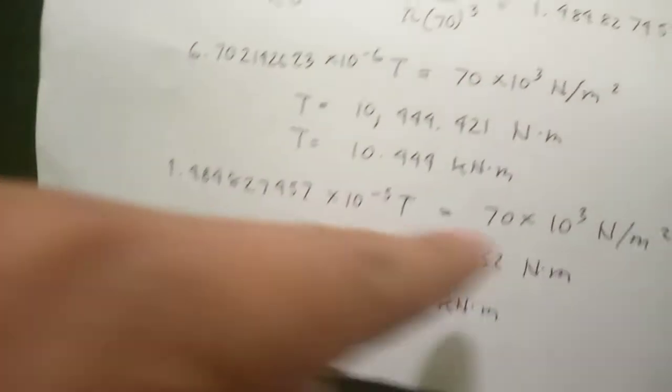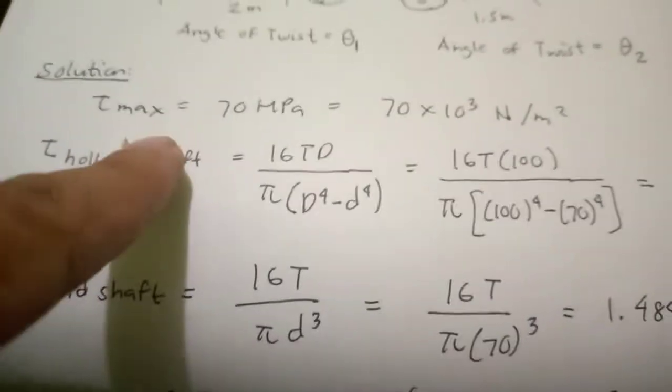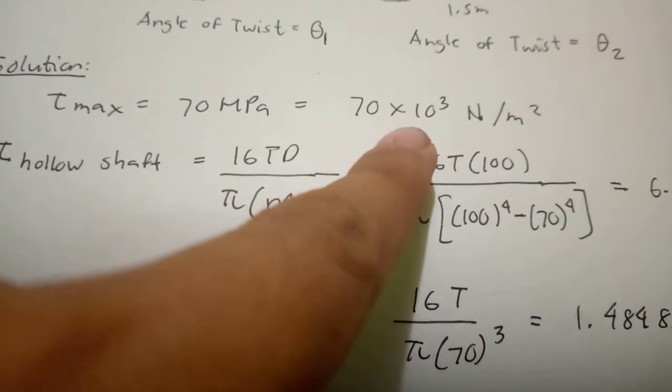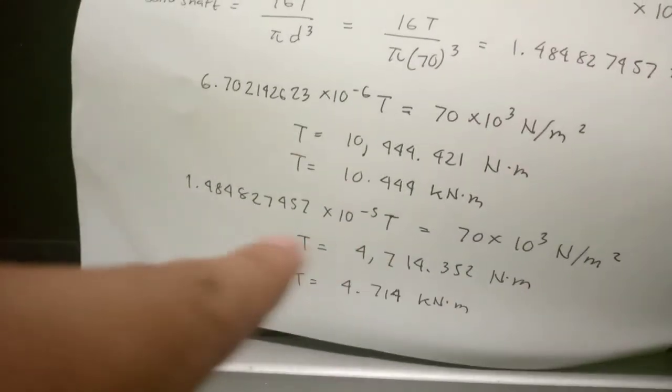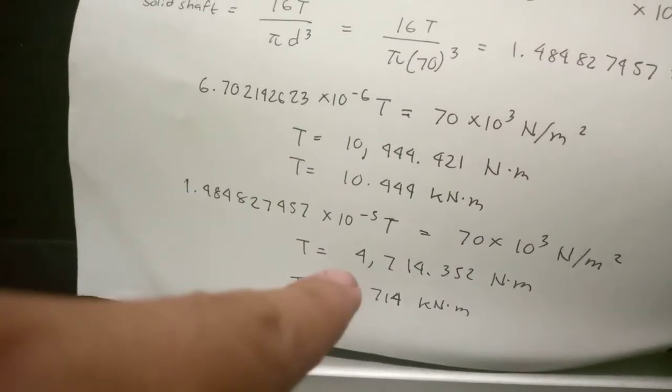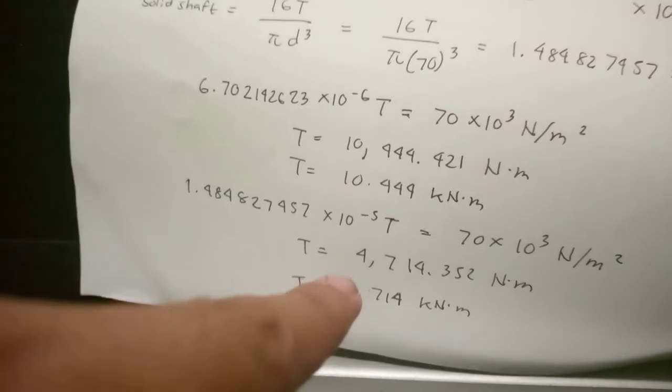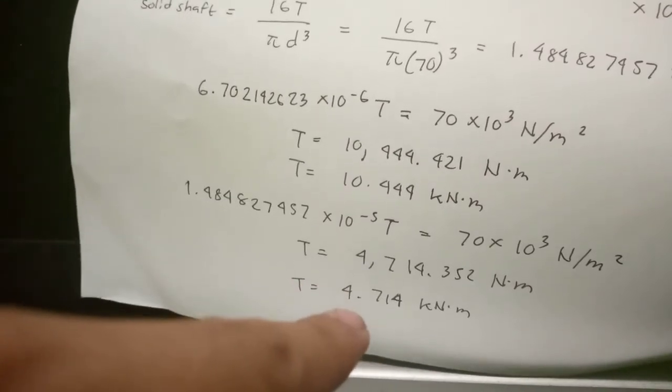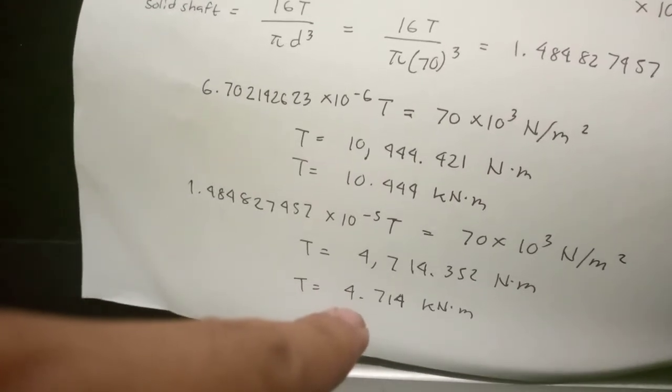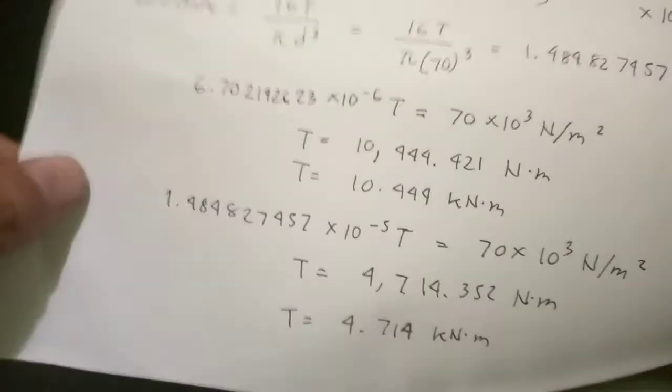So we also equate this formula to 70 times 10 to the 3 Newton per meter squared. I use that value, and I computed 4,714.352 Newton meter, or 4.714 kilonewton meter.